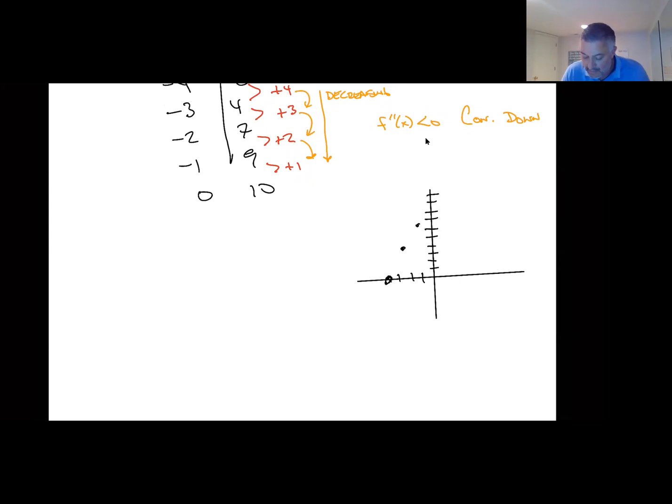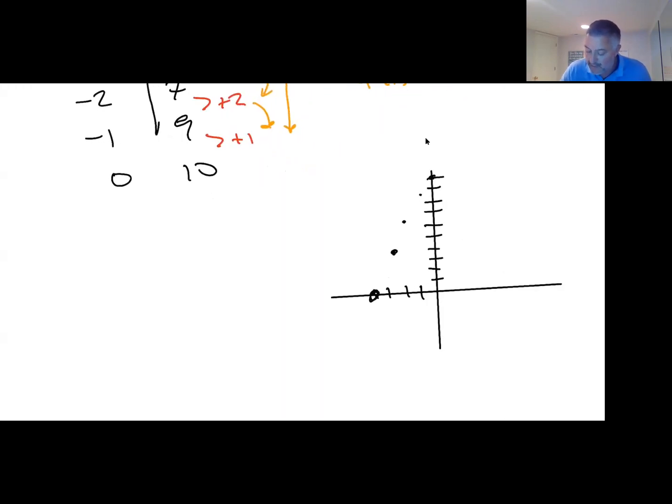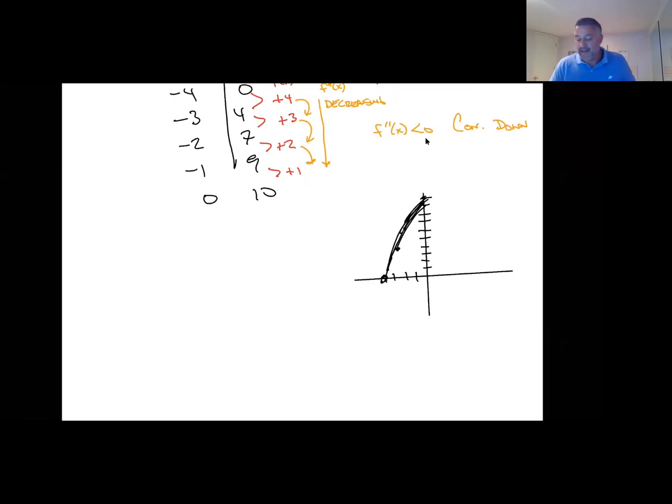At -1, I'm at 9. And at 0, I'm at 10. Because these points are so close together, it almost looks linear, but it's clearly not. You can see that we're increasing and that we're concave down.